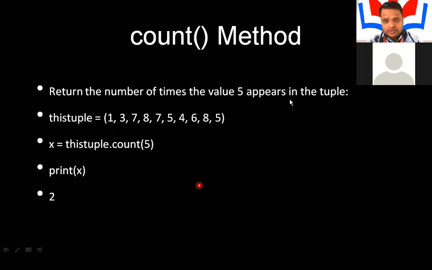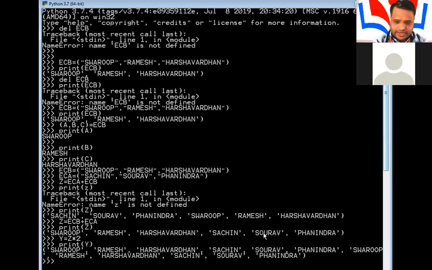Now let us see the practical implementation of this count method. I will take x equal to y dot count, the count method, and then specify the value that you want.